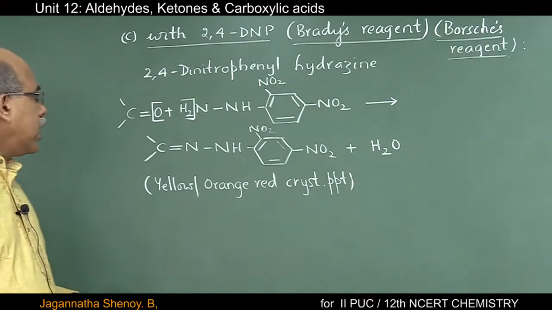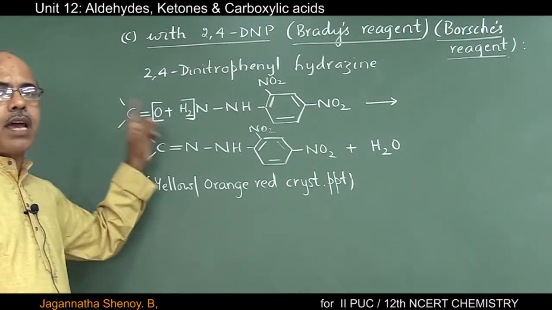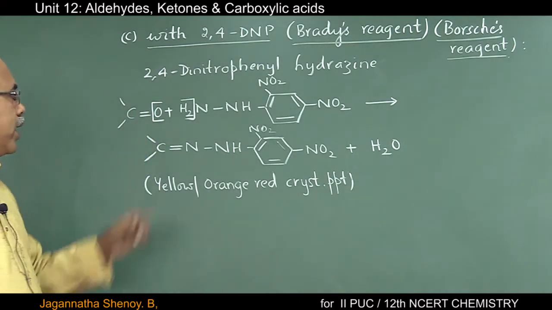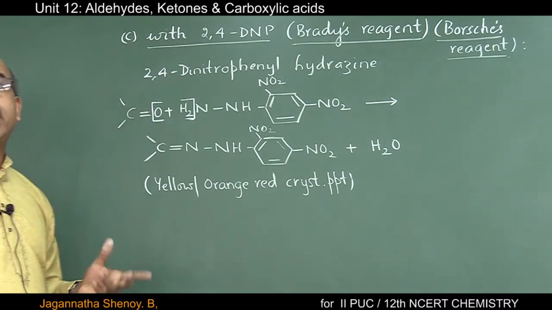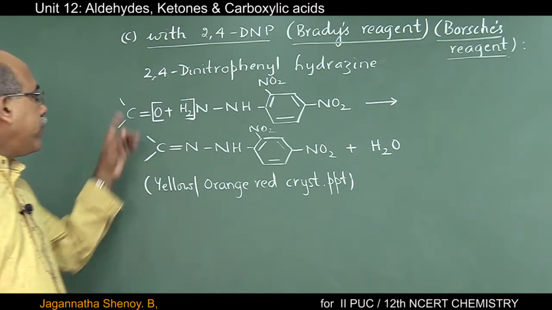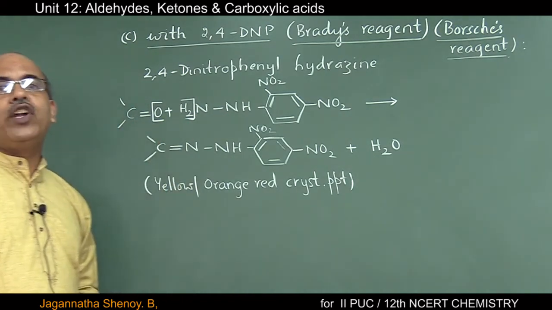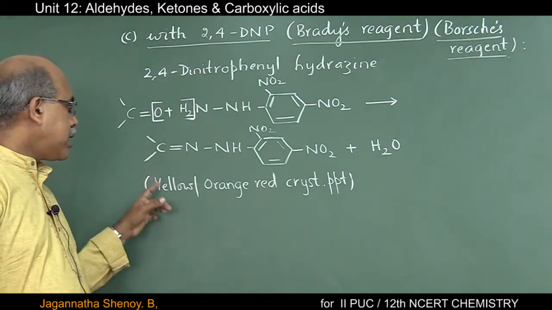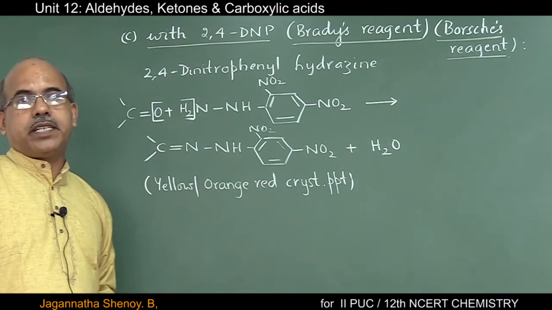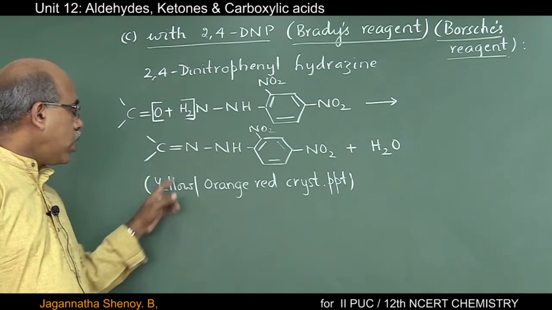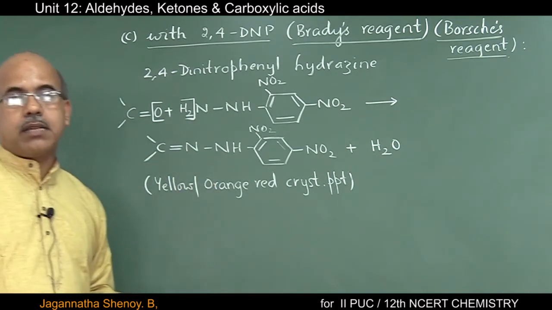So it's very clear whenever any carbonyl compound, when I say carbonyl compound, it can be an aldehyde or it can be a ketone, when we treat it with 2,4-DNP, we get a yellow or orange red crystalline precipitate.